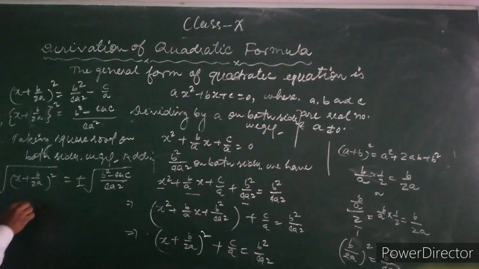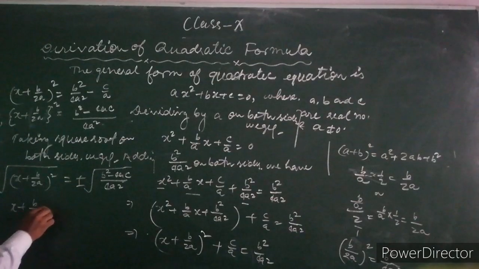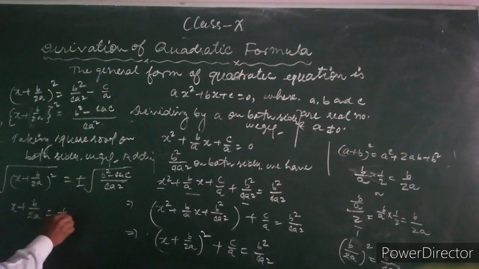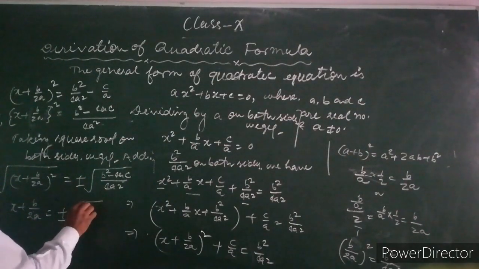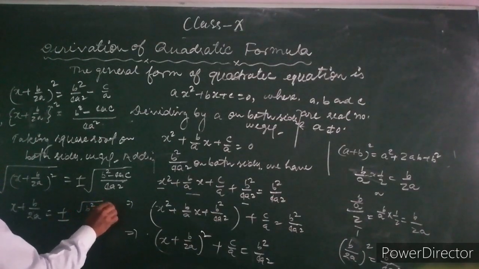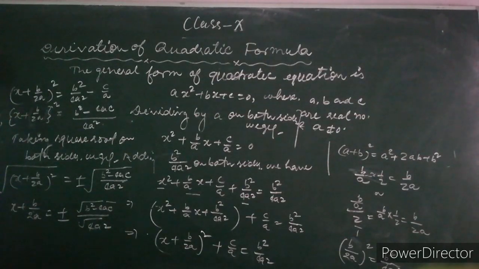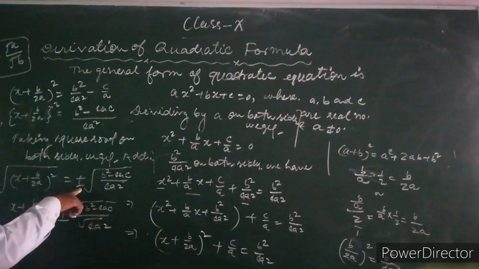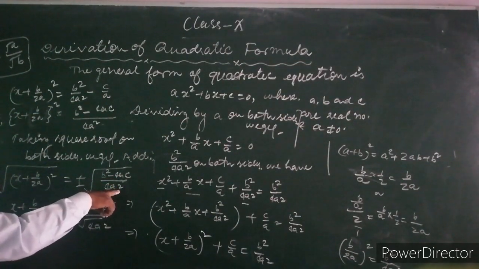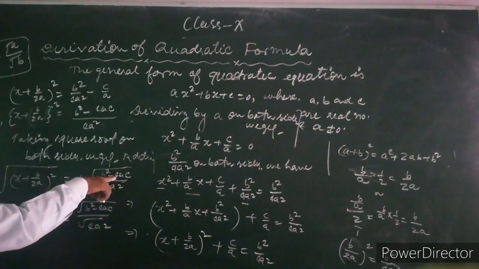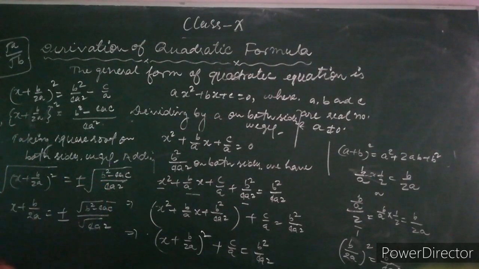This is equal to x + b/2a equal to plus minus, under root (b² − 4ac) upon under root 4a². I already know about exponents here: under root a upon b is equal to under root a upon under root b. The radicals formula is there. Therefore, plus minus under root of the numerator upon under root of the denominator.